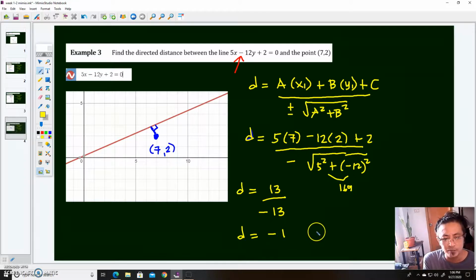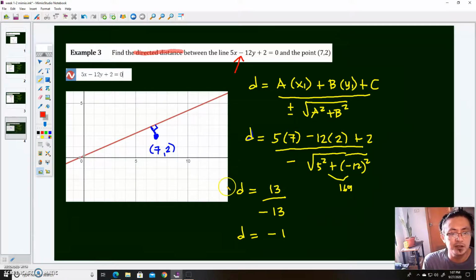Now how is that possible? How did we get a negative distance? We've been taught that the distance should not be negative, right? Now, this is the difference between just saying distance and the directed distance. Like in physics, you have the difference between velocity and speed.